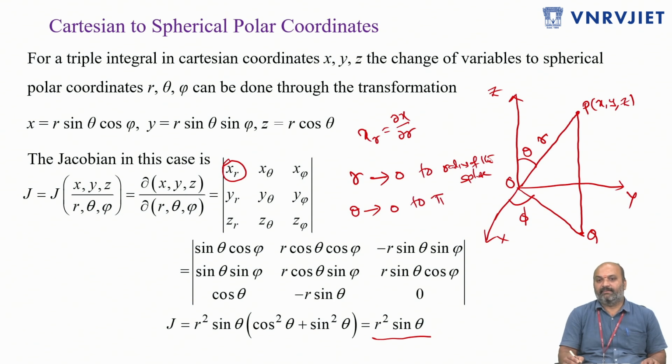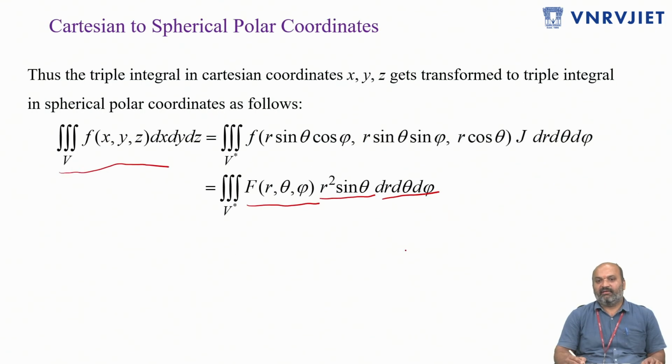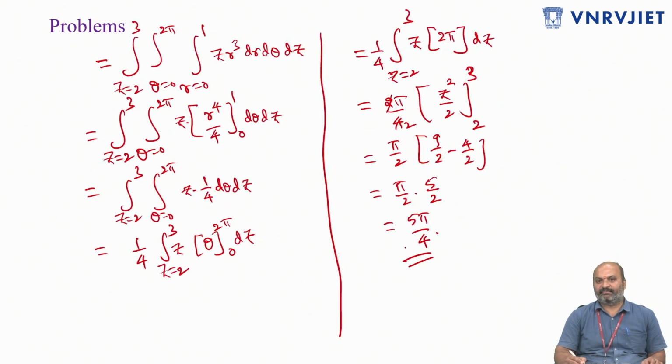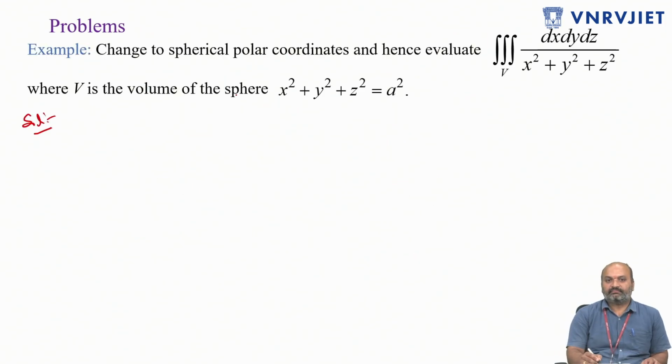It is the vertical angle. And phi varies from 0 to 2 pi. This is the horizontal angle. So these are the limits for r, theta, phi when the region, the volume, is bounded by the surface of a sphere. Now, change to spherical polar coordinates and hence evaluate this integral, where V is the volume of the sphere.